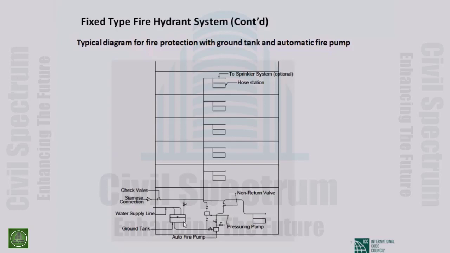It can be your underground deep well tube or local water supply. In Dhaka, it may be WASA or anything, or it can be any private arrangement to fill it all the time. So water is available at the tank.